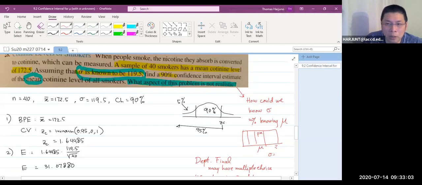The population mean has something to do with the first moment, while the population variance, and therefore the population standard deviation, requires us to know the second moment. How can you do the second moment without doing the first? That doesn't make sense. That's the part that they say is not realistic.